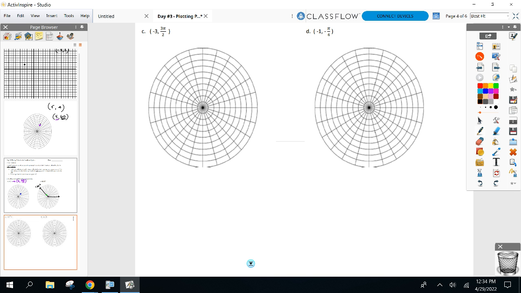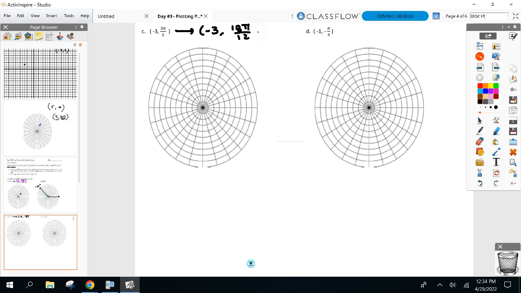Go ahead, graph 3 pi over 2. This is going to help you. So what are you going to multiply first by? Yep, multiply top and bottom by 6. Go ahead. -3. And now your angle is what? 18 pi over 12. All right, go ahead.